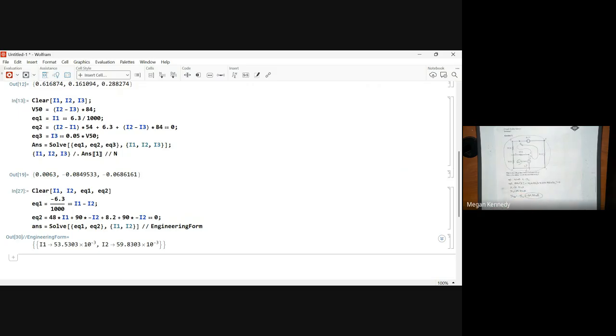Does that make sense why I'm saying it's the opposite? I'm saying it's the opposite because if the current is flowing that way, but then I'm looking in the opposite direction, we need to flip that sign.